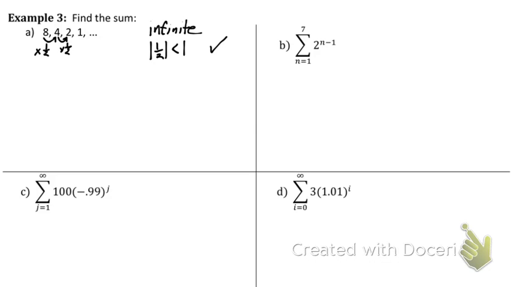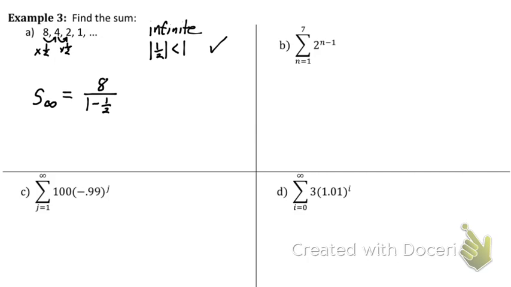All right, so we're going to jump right to finding our sum. So I'm going to put the sum of, well, I don't know what n is, I'm just going to say it's infinite. The sum all together equals our first term divided by 1 minus our r value.